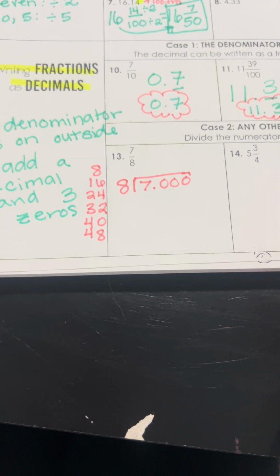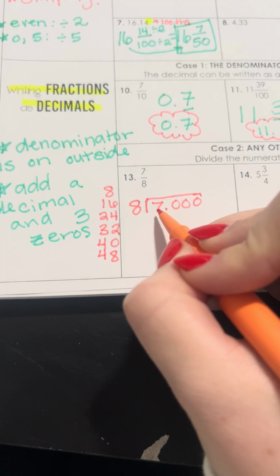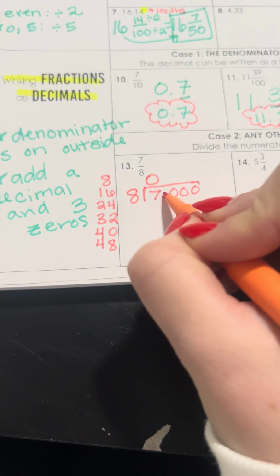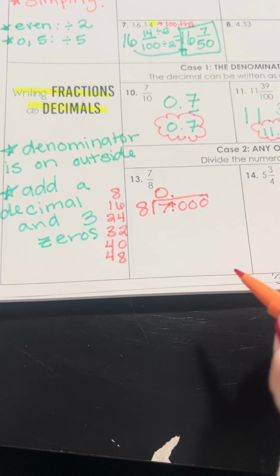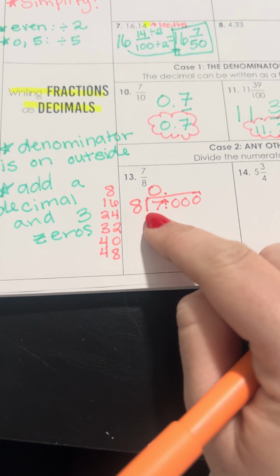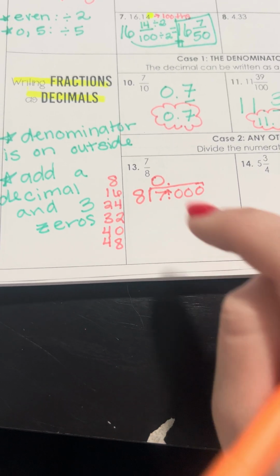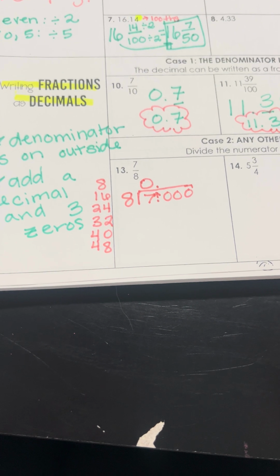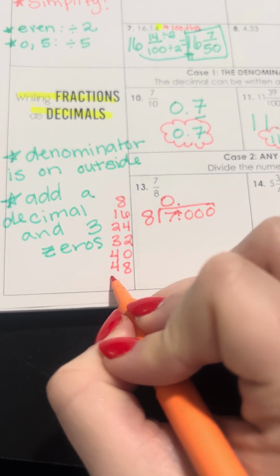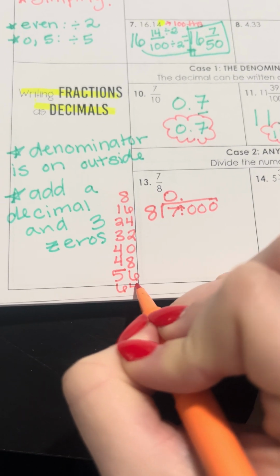Okay? So we ask ourselves, does 8 go into 7? The answer is no, so we're going to put a 0 and bring our decimal up. Now we're going to ask ourselves, does 8 go into 70? Okay, 8 into 70. Yes, it does. Okay, let's continue our skip count. After 48, 56, and then 64.